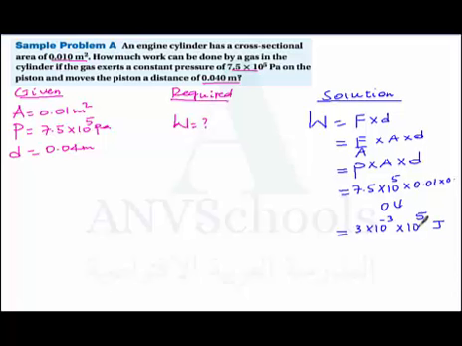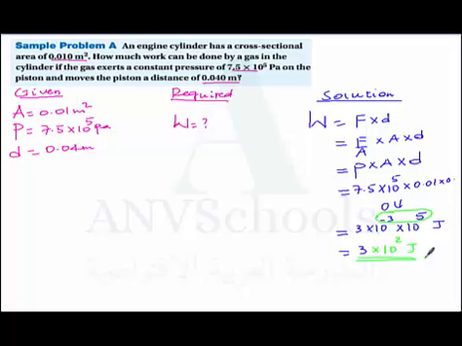These have the same base, so we add the exponents. It will be 3 times 10 to the power of 2 joule. This is the total work done by the gas inside the cylinder.